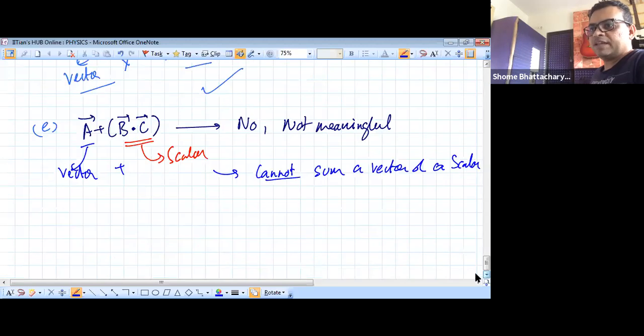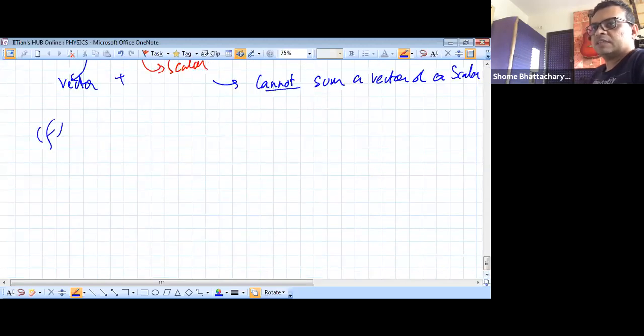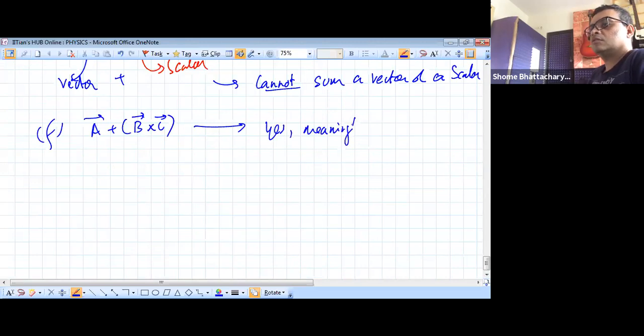But similarly, if you look at option F, you can see that that is making sense because you've taken e plus (b cross c). Now this is meaningful. Why? Because this is also a vector and this is also a vector.